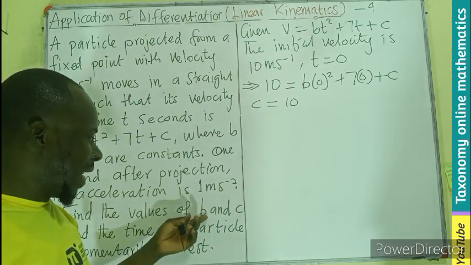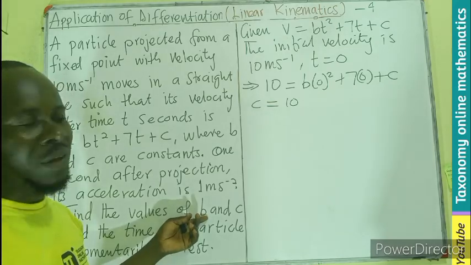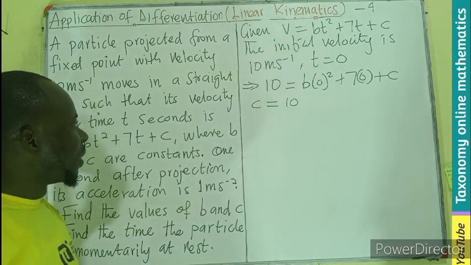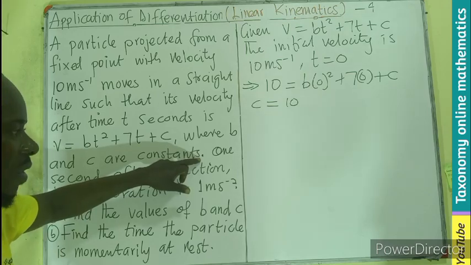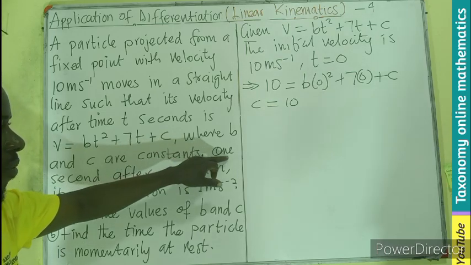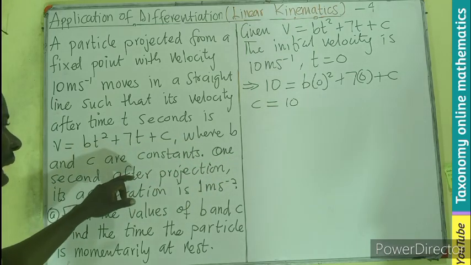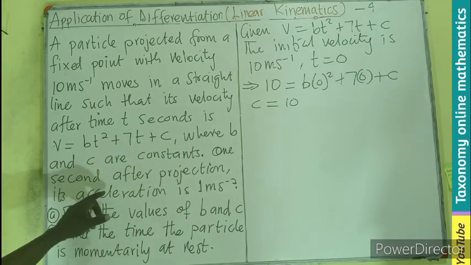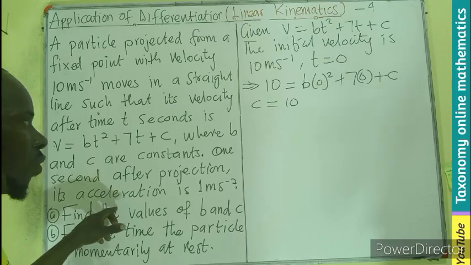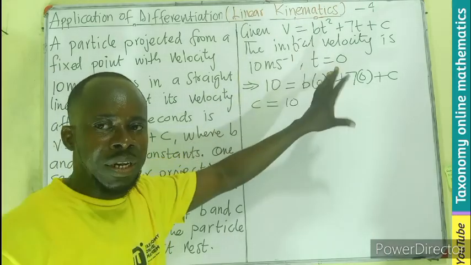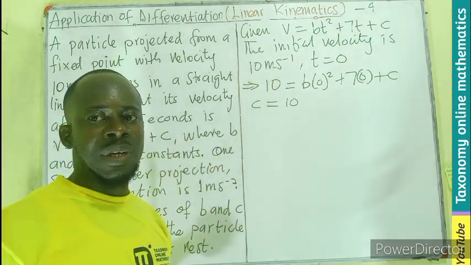So what is needed next is to find the b. The next information: 1 second after projection, its acceleration is 1 meter per second squared. So we need to also know the acceleration of the particle as it starts the projection.